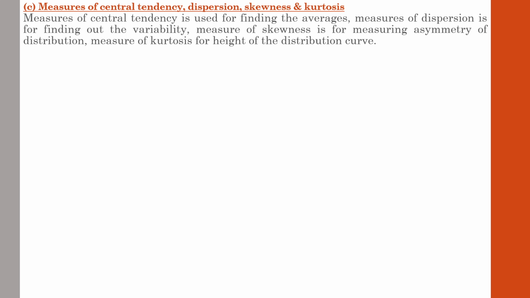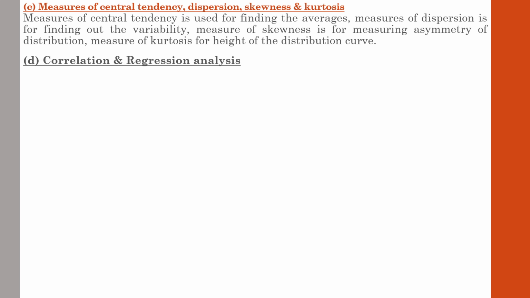Measures of central tendency is a method used for finding the average of a series, while measures of dispersion is a method used for finding out the variability in a series, and measures of skewness measures asymmetry of a distribution, and finally measures of kurtosis measures the flatness or peakedness in a distribution. We have dealt with all these areas in detail in the previous semester. I hope you all know the meaning of all these four heads, so I am not going into that part. Let us go to the next point, correlation and regression analysis.